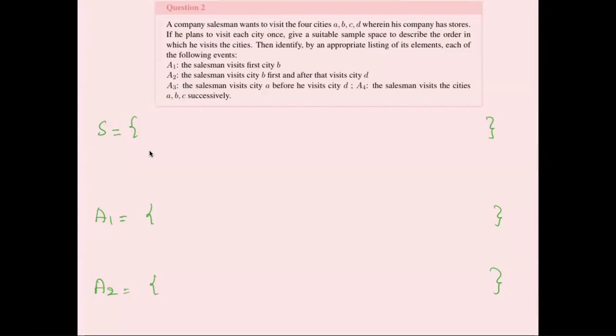Basically here, the sample space we are looking for is to describe the order in which he visits the CDs. For example, he can visit CD A first, and then CD B, and then CD C, and then CD D the last. Or he can do A first, C second, D third, and then B last, something like that.